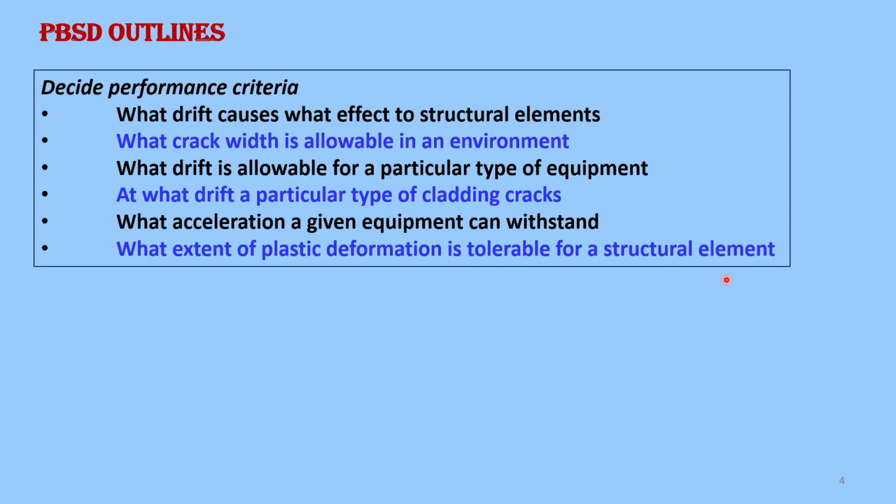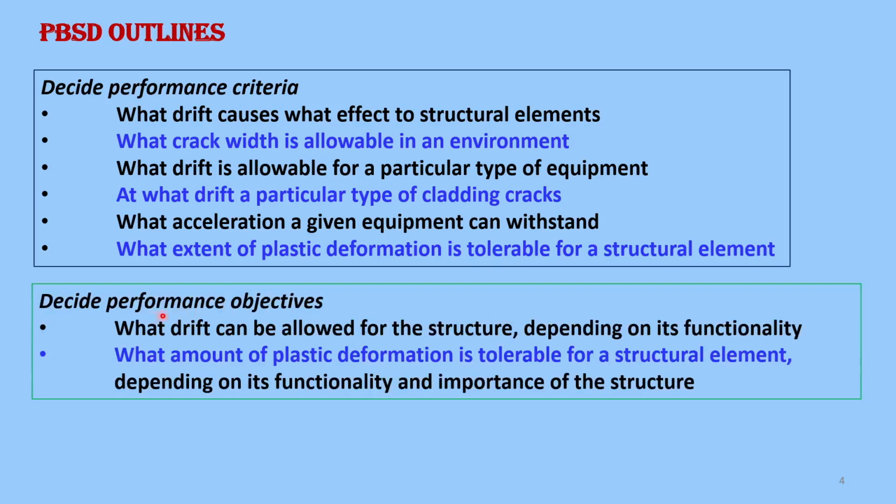If it is a hospital building, I'll allow very small plastic rotation in the beams and perhaps no plastic rotation in the columns. If it is a residential building, then those corresponding plastic deformations can be of higher order. So these all will form your performance criteria over which you will decide your performance objective, and you will try to fulfill the objectives. So what are the performance objectives?